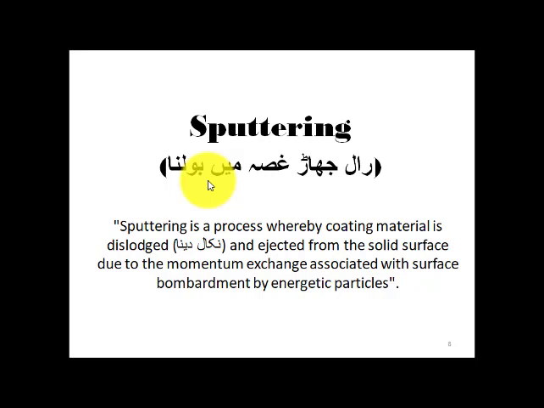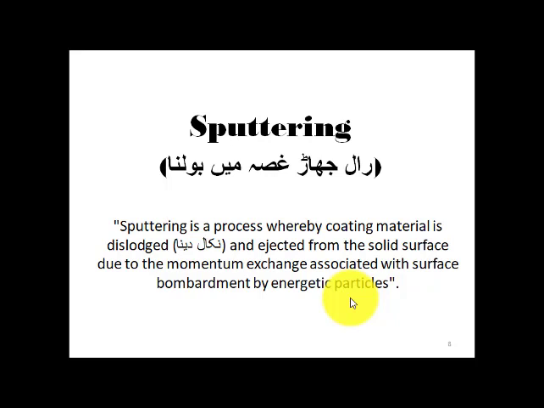In chemical and physical sciences, sputtering is a process whereby coating material is dislodged, removed and ejected from a solid surface due to the momentum exchange associated with surface bombardment by energetic particles.